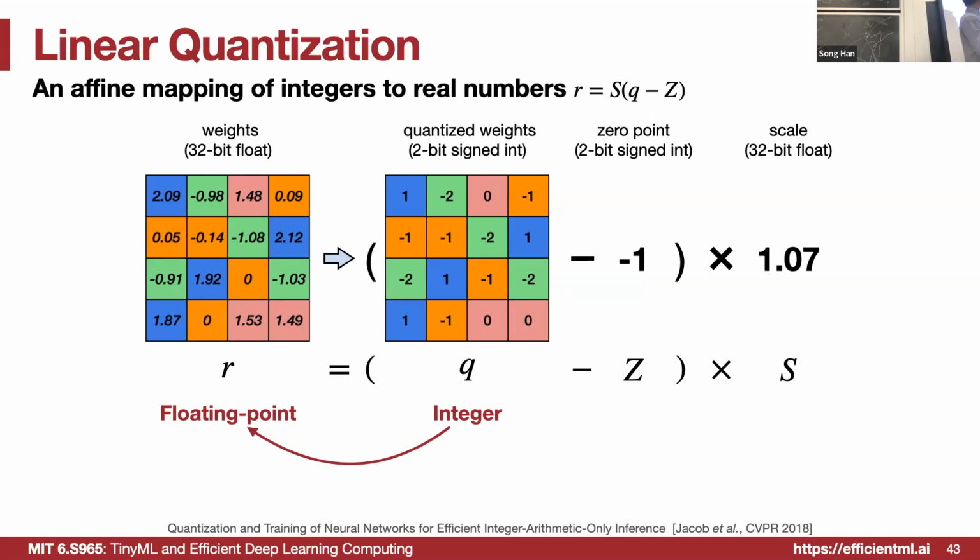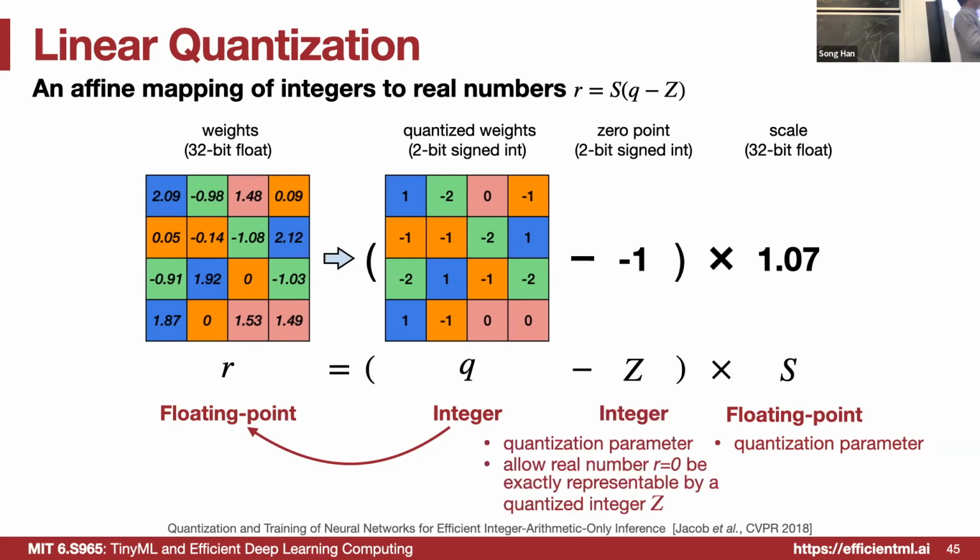So we are going to have this linear mapping by subtracting a 0 point z and scaling it by a factor of s. Okay? So the s is a floating point number, which is a quantization parameter we can define ahead of time. And this z, this 0 point, is an integer number.